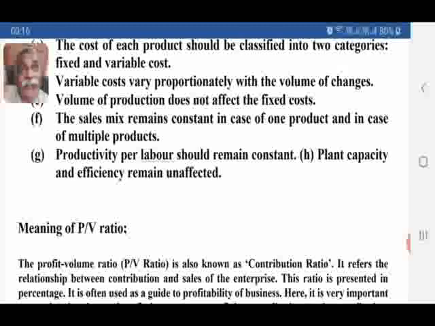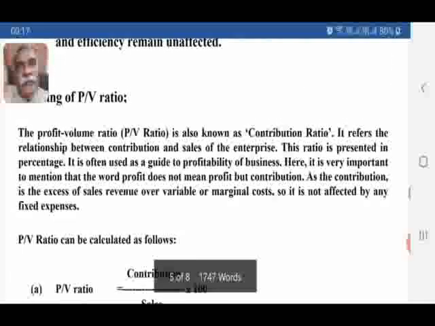The sales mix remains constant in case of one product and in case of multiple products. And productivity per labor should remain constant. And plant capacity and efficiency remains unaffected. So these are the assumptions of break-even analysis.